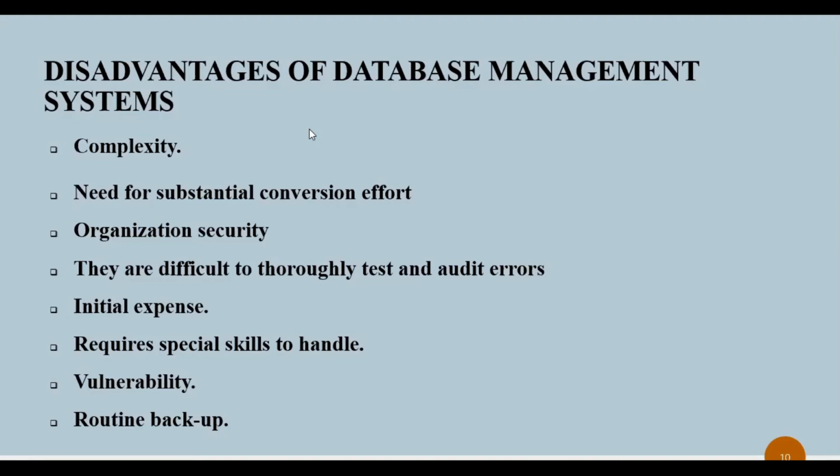If you don't back up data, the moment you lose it, that is it. The moment you lose the data, in case of any kind of threat or vulnerability, you lose it forever. So using these database management systems requires you to always be keeping backups of your data.